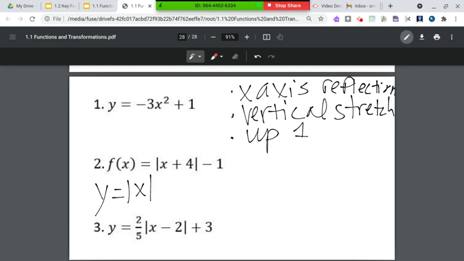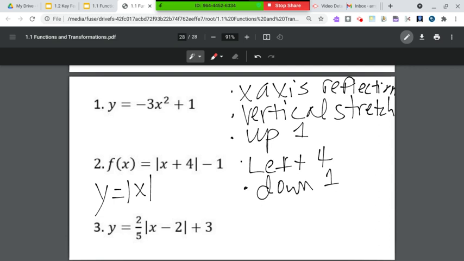Anytime you add, it's a shift left. Anytime you subtract, it's a shift right. So this would move left 4, and where's it going vertically? Down 1. Down 1. Perfect.